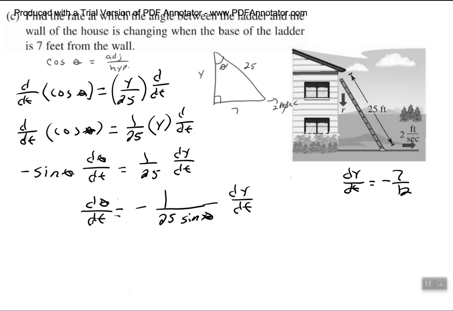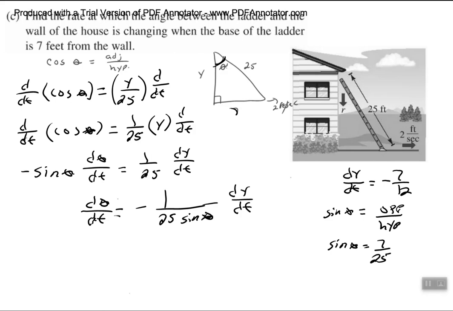So we need sine of theta, and sine is opposite over hypotenuse. The opposite of this angle is 7, and the hypotenuse is 25. So sine of theta equals 7 over 25. So we have everything we need now.